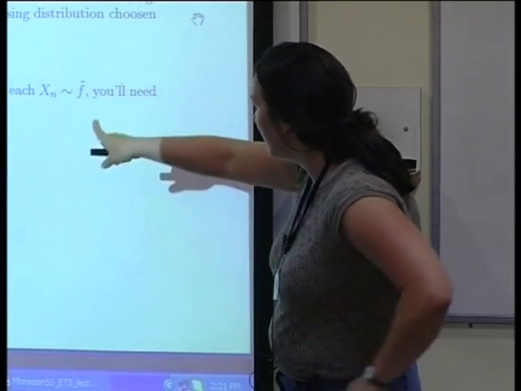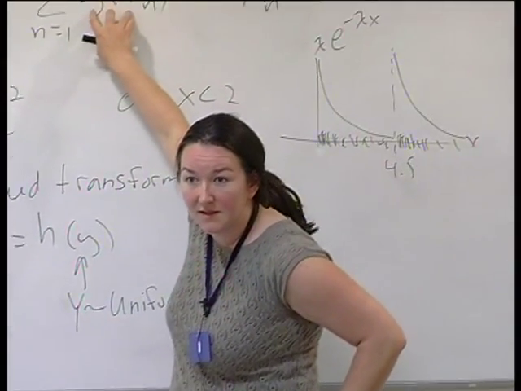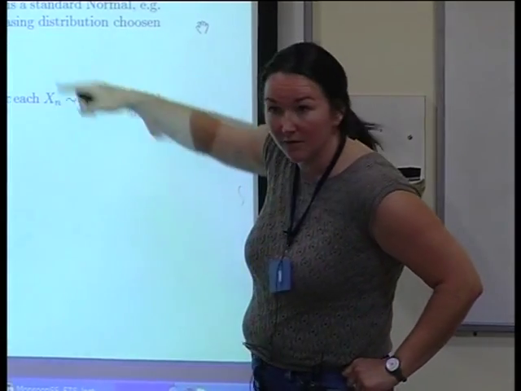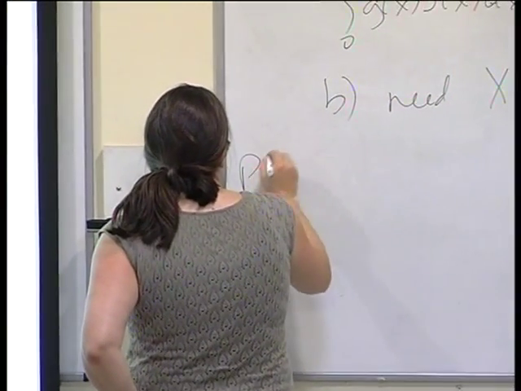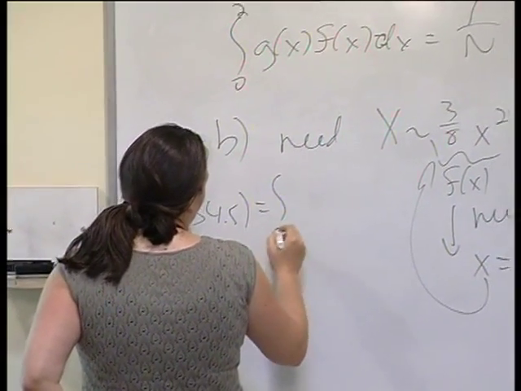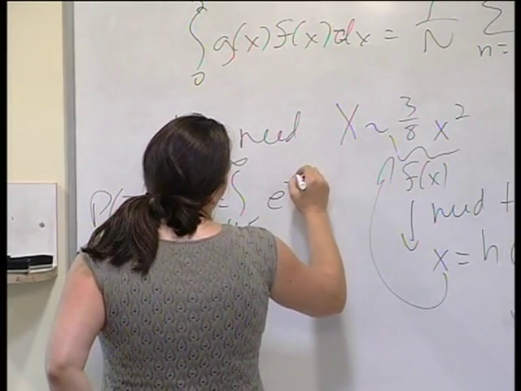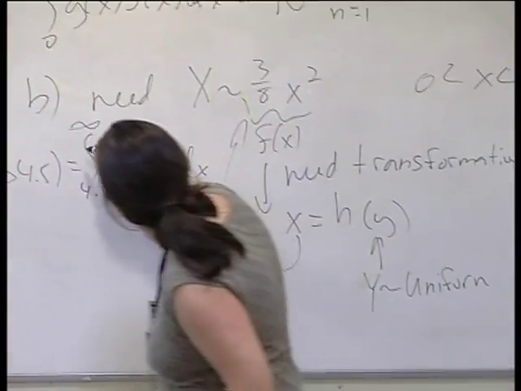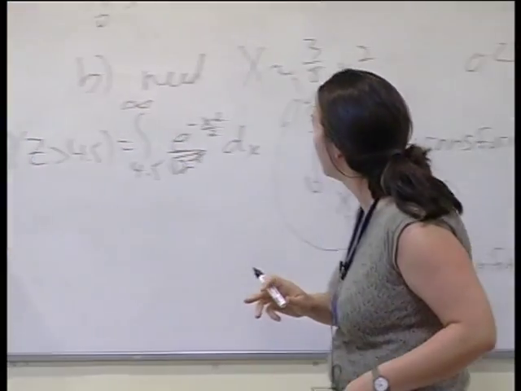And then for importance sampling, remember instead of just plugging into the function g, which for our problem is 1 because we're looking for a probability, our integral is the integral from 4.5 to infinity of this. I left off there's a 1 over root 2 pi.